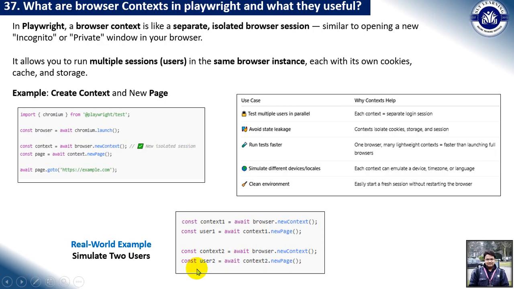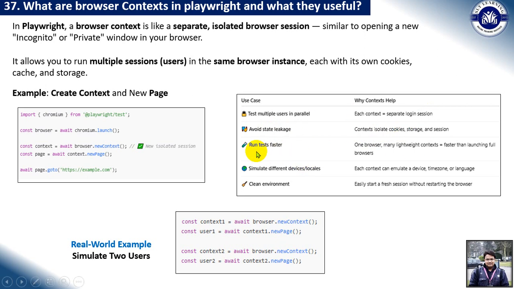This example we have already seen for two users: context 1 for user 1 and context 2 for user 2, each creating a new page. A use case for browser contexts is testing multiple users in parallel, with each context having a separate login session, avoiding state leakage. You need not worry about cookies, sessions and storage; they will be isolated for each and every context.